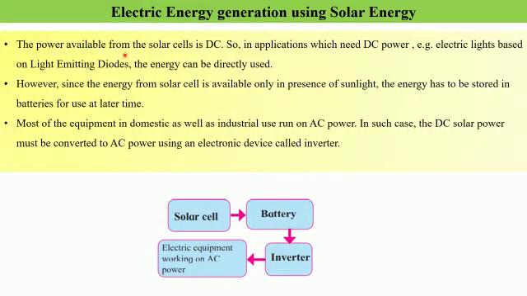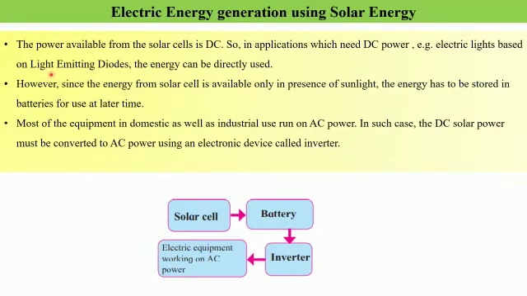The power available from the solar cells is DC. So the current that the solar cells will be producing will be of direct current nature. So in applications which need direct current power, for example, electric lights based on light emitting diodes, the energy can be directly used.